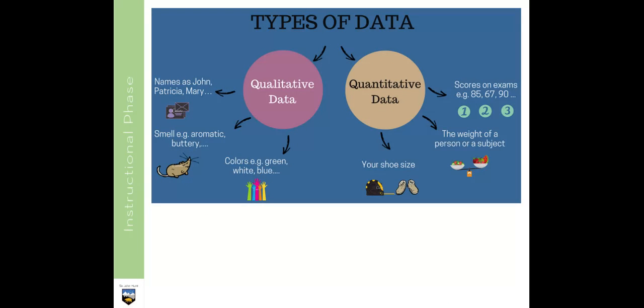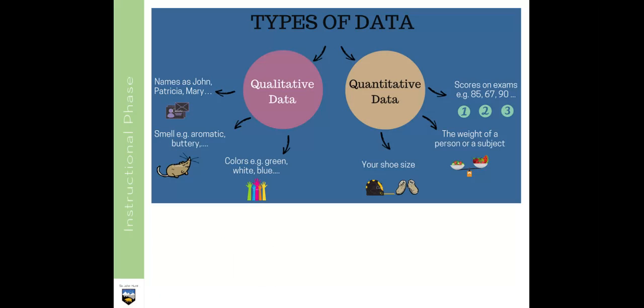Okay, so as we said at the start, there's 2 different types of results or data you can get from experimenting. You can get qualitative data. Now that data provides us with results with quality. For example, they can give us names, they can give us colours, they can tell us whether a smell's been produced.